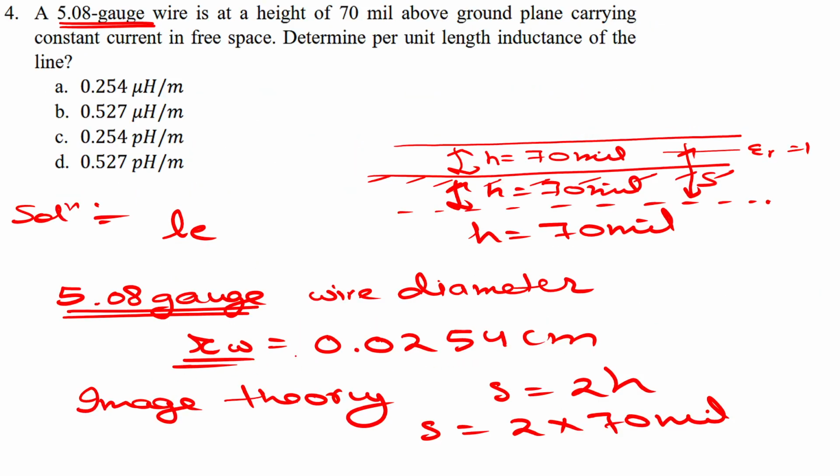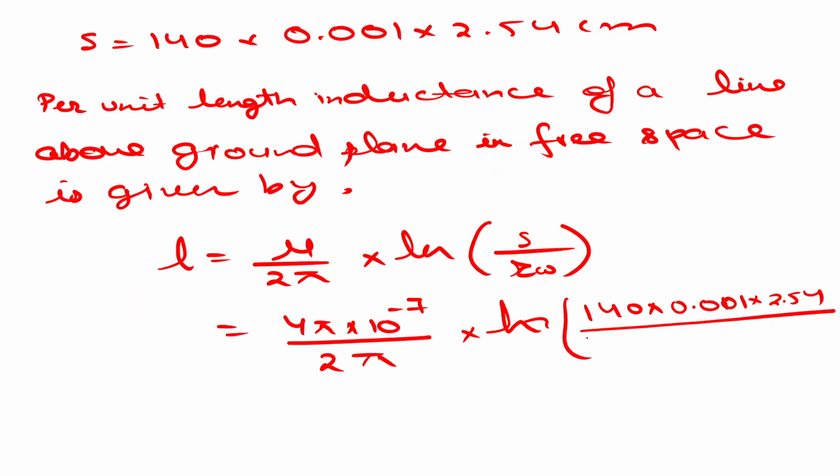This value I have taken as given, 0.0254 centimeter, but I will clarify in the next session whether it is correct or not. So let's assume it to be correct and solve the problem, because all the options are calculated based on this value only.